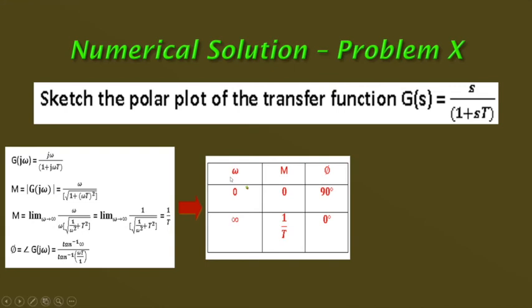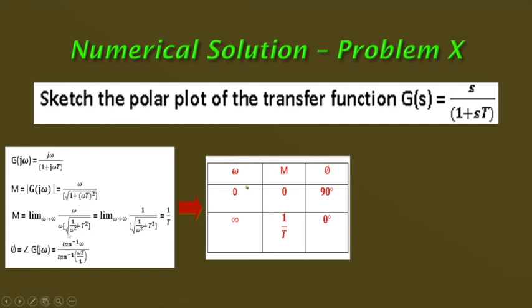Then find the magnitude and phase angle when omega equal to 0. Omega equal to 0, that means we get magnitude 0. But when omega equal to infinity, what is the magnitude? Infinity divided by infinity, that means undefined.